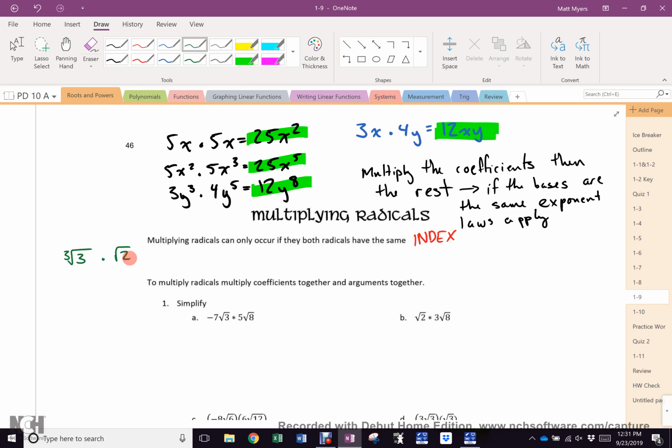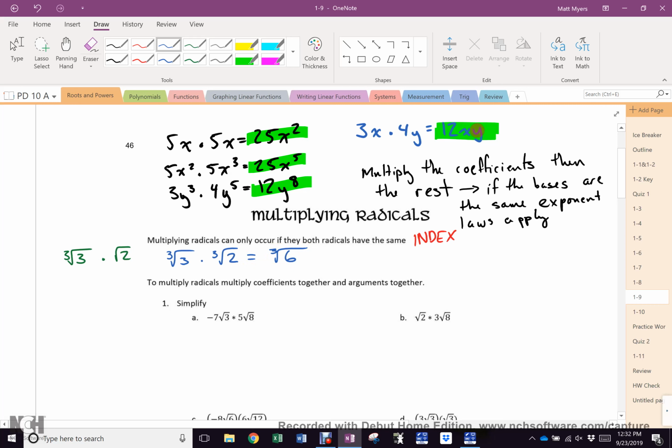Okay? Now, if they have the same index, however, then the cube root of 3 times the cubed root of 2 becomes the cubed root of 6. Just like we put x and y together up here. Everybody understand?